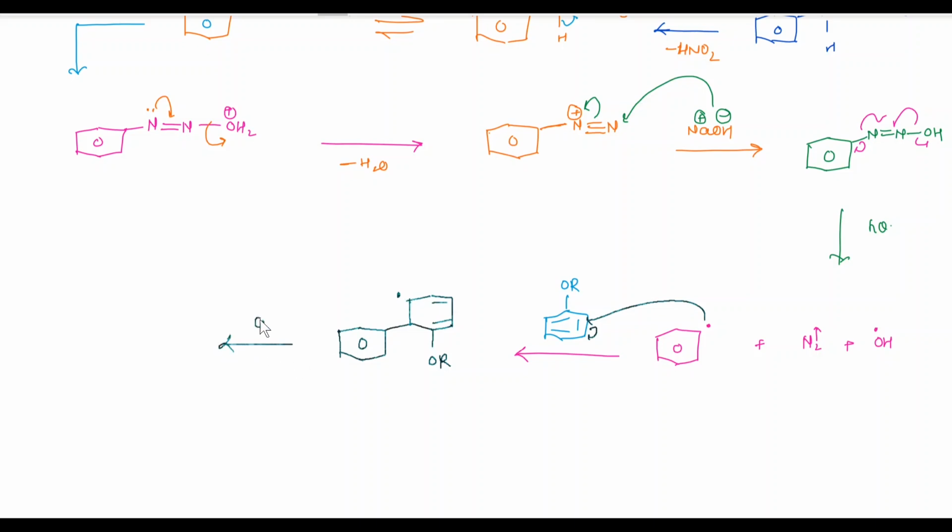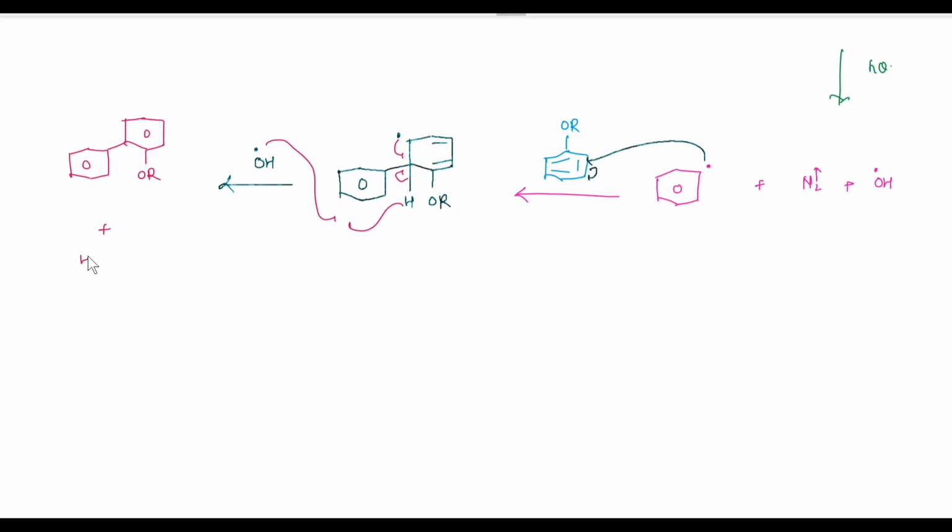In the next step, the OH radical abstracts this hydrogen radical, and these radicals combine together and rearomatization takes place, and we get our desired product with loss of a water molecule.